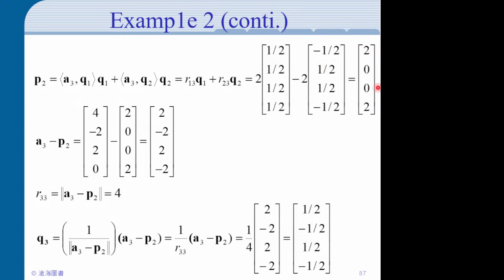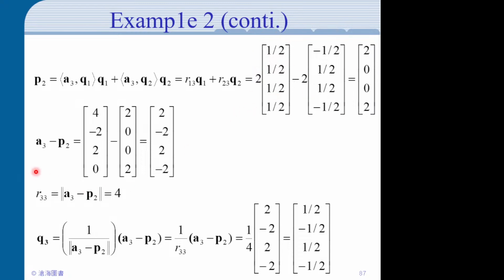Finally, A3 minus that is (2, 0, 0, 2), and we get (2, -2, 2, -2). It's orthogonal to both of those vectors. The inner product with this vector, you get plus and minus cancel, and the inner product with this vector, you get minus minus and plus plus, so that also cancels. So this is orthogonal to both of those vectors as we want.